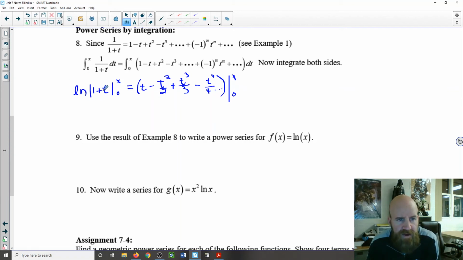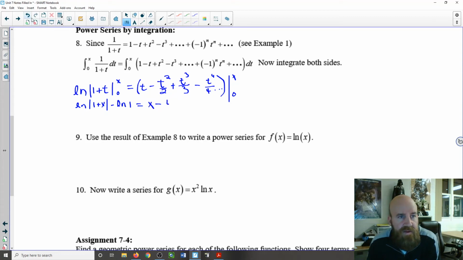So now if we evaluate natural log at x, we have natural log of 1 plus x minus, we plug a 0 in, we get natural log of 1, equals, throw the x in, so we have x's now instead of t's.